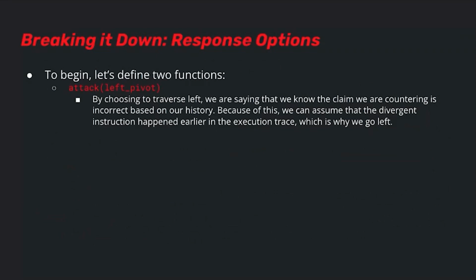So we can assume that the divergent instruction happened earlier on in the execution trace. Remember, this is a Merkleized fault-proof VM state, so if our roots differ, that means that something happened beforehand that changed them. So we go left to try to find the exact instruction at which the two states diverge.